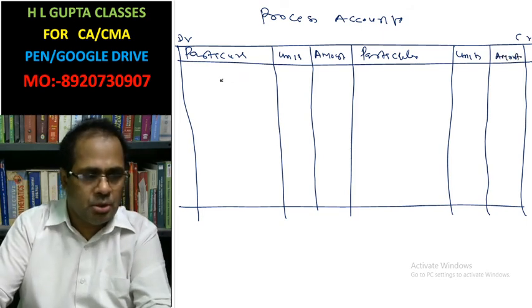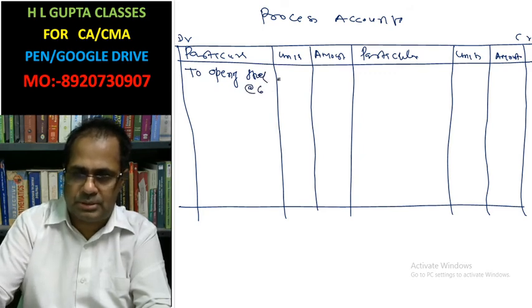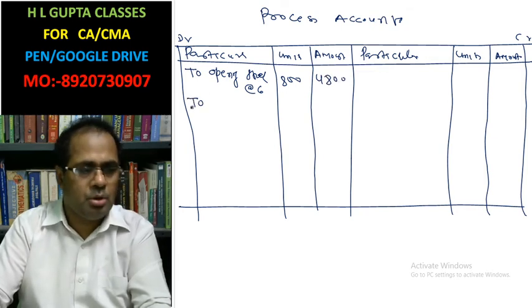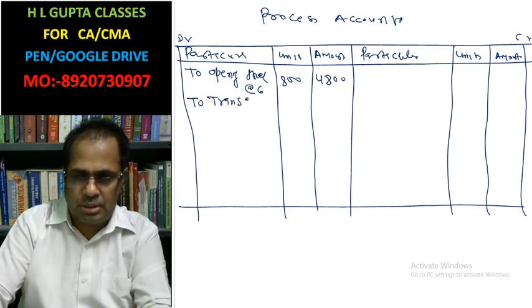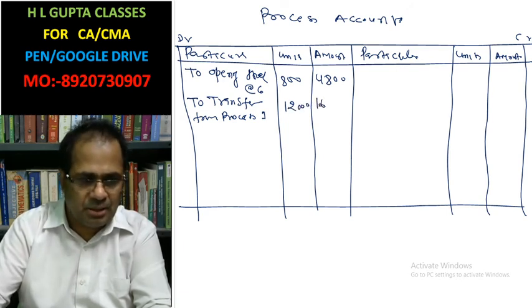To opening stock at the rate of 6, this is 800, this is 4800. To transfer from process first, 12,000 units, 16,350.